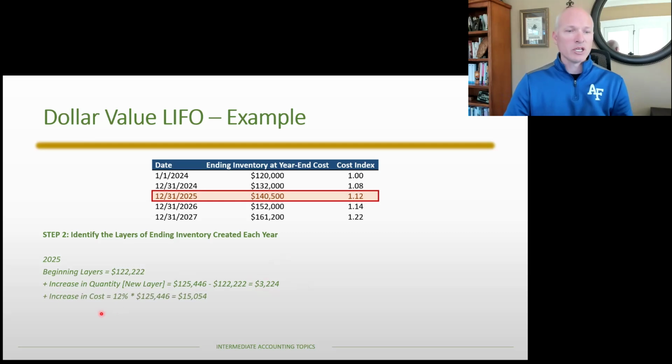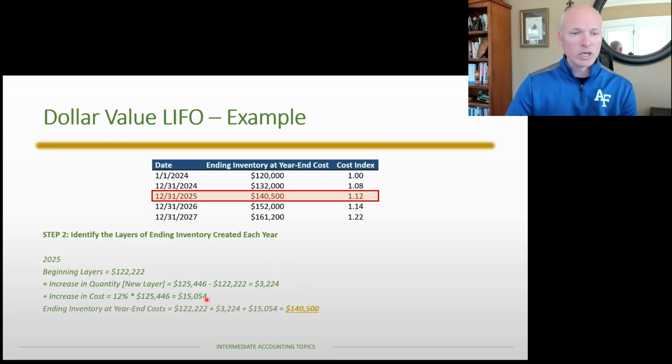Well, this is our 2025 ending inventory in base year costs, and this is the amount of cost inflation we experience compared to the base year. And so the total increase in cost over the 2-year period is $15,054.